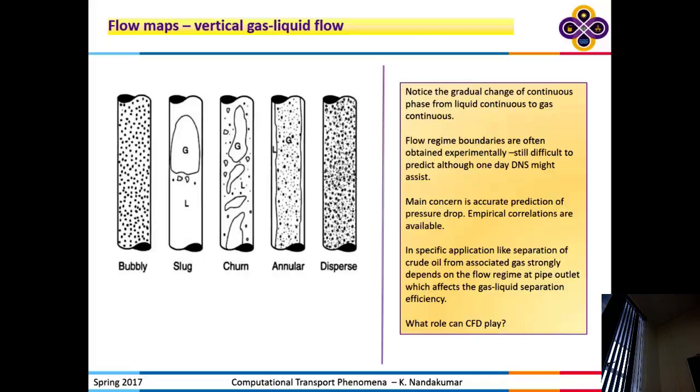The gas flow rate is high, the velocity is high, the volume fraction is high, liquid is present in a smaller amount, and so the liquid is basically broken down into droplets. So here the direct interaction is between the continuous and the dispersed phase, with liquid as a continuous phase. Here it is the gas as the continuous phase.